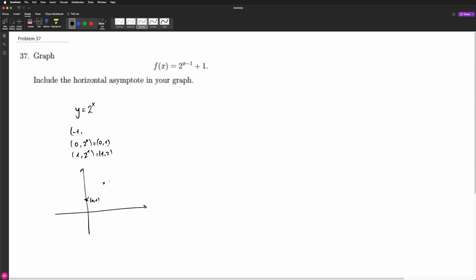That's going to be on the graph. And 2 to negative 1 would be 1/2. So negative 1, 1/2 is also going to be on the graph.